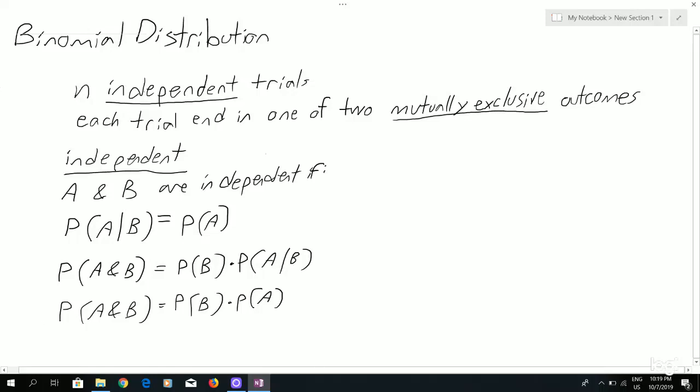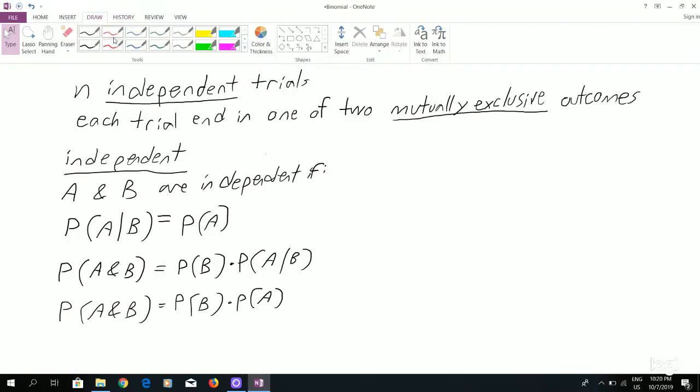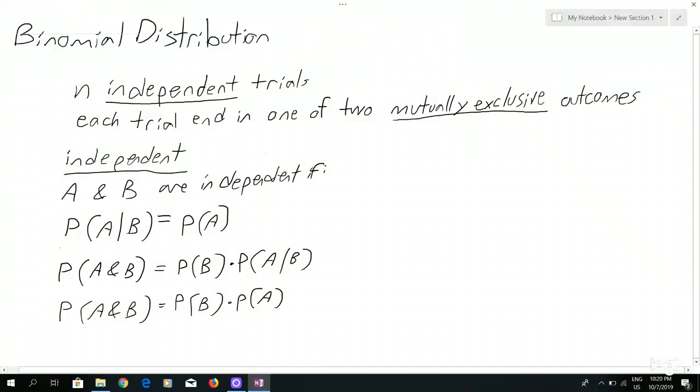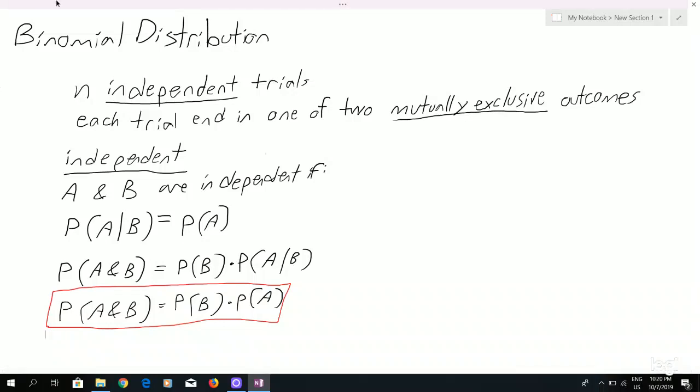So that is the first key situation that we're going to remember when talking about independence.